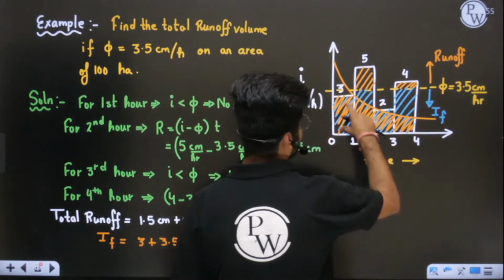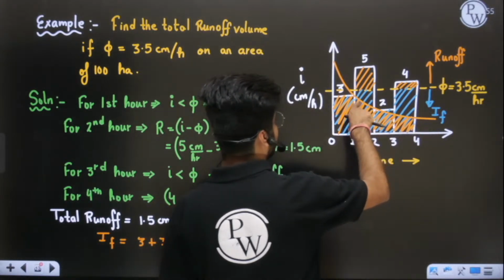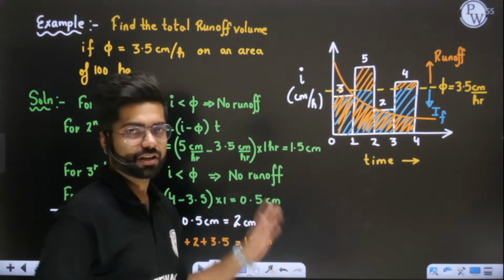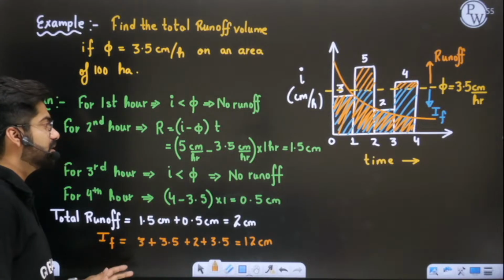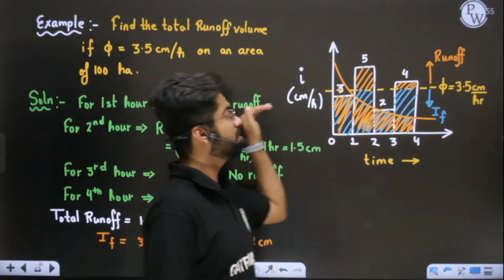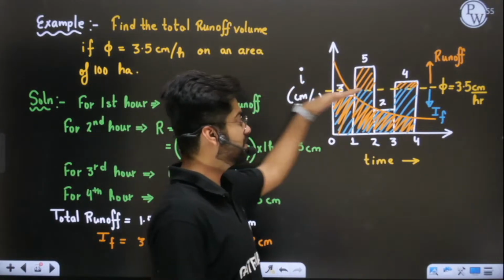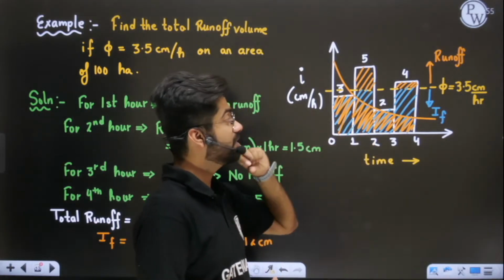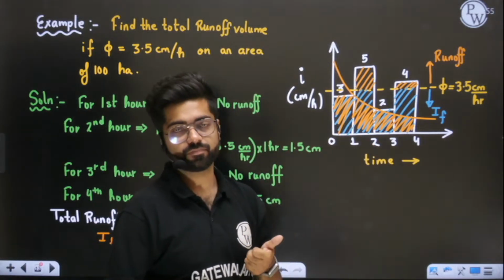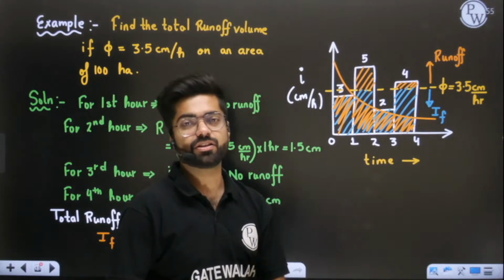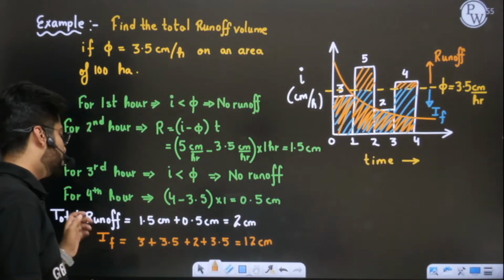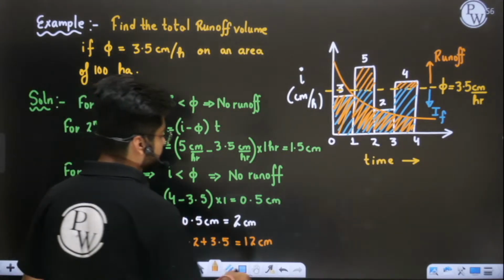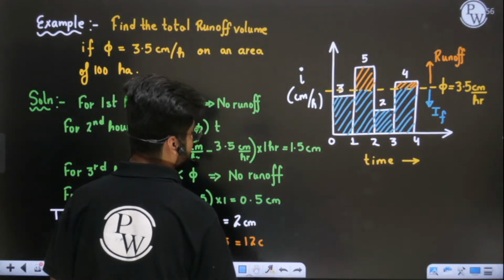When you find the area under the infiltration curve, as we have already solved earlier, then you will get the same infiltration value. But if you want to solve this from an average infiltration value, this is a kind of average infiltration index, phi index. It gives you average infiltration value. Then also the value of runoff or infiltration which you are getting will be the same. It is just a concept of average.